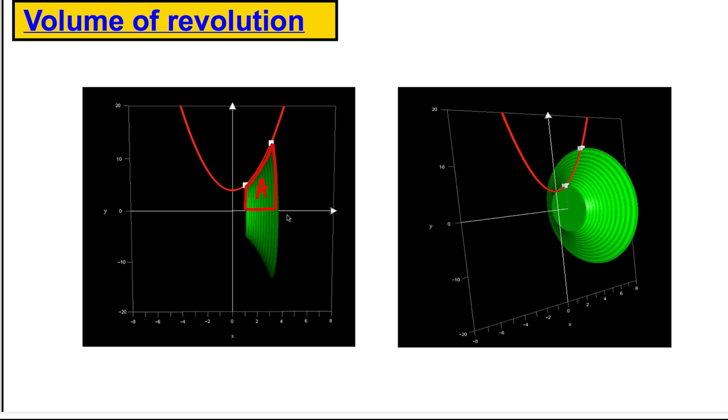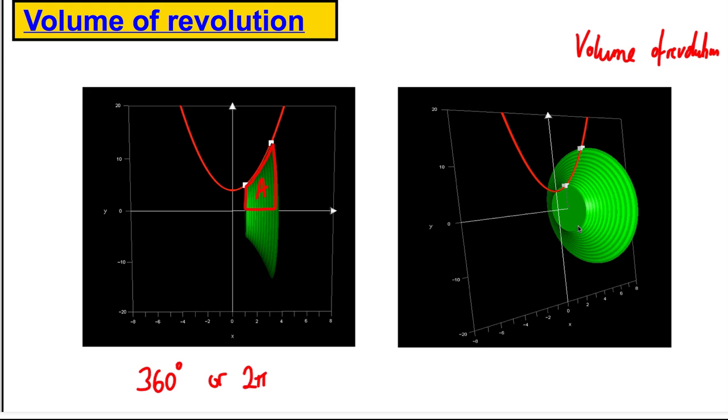And you swept that area 360 degrees, or we might say 2 pi radians, all around the x-axis. Then you would get this volume of revolution. If you looked at it from the side, it would look like this sort of shape here, and what we're trying to work out is the volume of that shape, and it's called the volume of revolution.